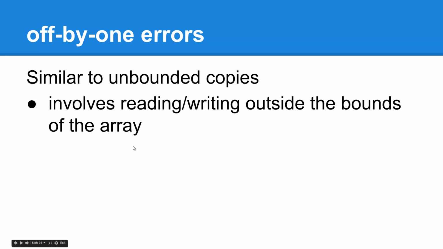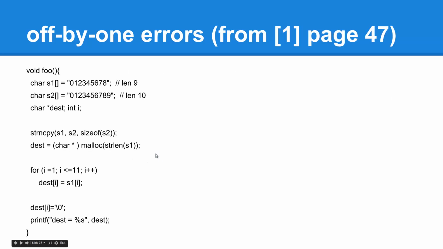So off by one errors are commonly overlooked by developers. They're similar to unbounded copies, but they're a little more subtle and harder to detect. They're commonly thought of as very hard, if not impossible, to exploit, which is usually wrong. If you can overwrite just one byte of another variable in the stack, you can often have a profound impact on the rest of the logic of that stack frame, of that function rather.